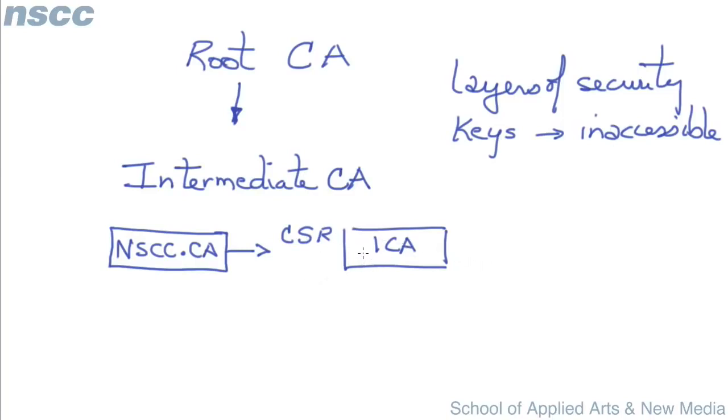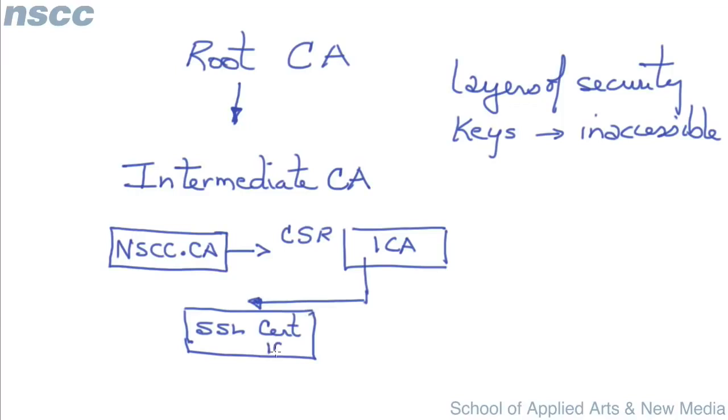Now what happens when an ICA can actually issue a chain of certificates to NSCC? So we'll get our SSL certificate, and that certificate will be signed by the ICA, but we'll also get another certificate. We'll get an ICA certificate that is from that company itself that is also signed by a CA.